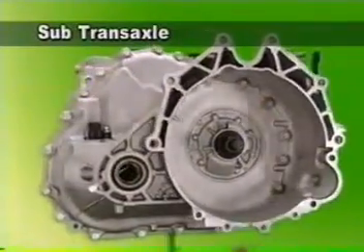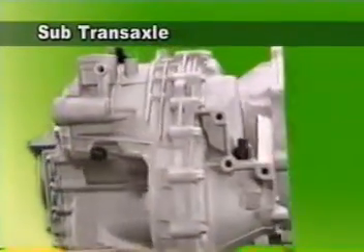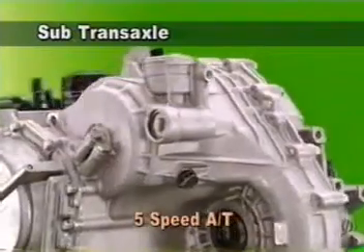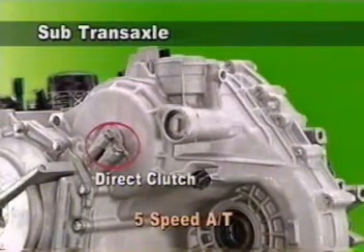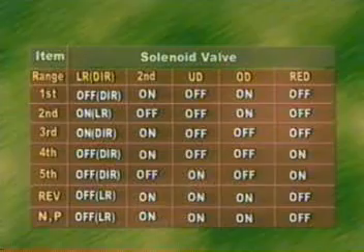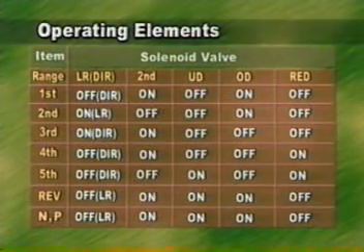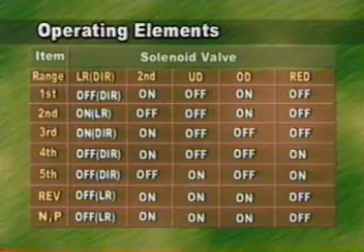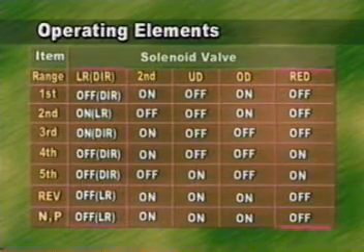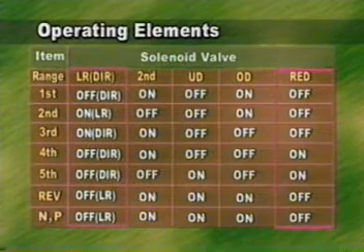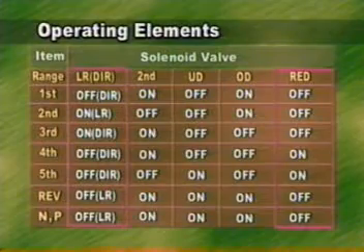There are 2 operational elements in sub-transaxle of 5-speed automatic transaxle, and these are direct clutch and reduction brake. Since direct clutch uses the same solenoid valve as low and reverse brake, an additional solenoid valve for direct clutch is not required, and only a solenoid valve for reduction brake is added.